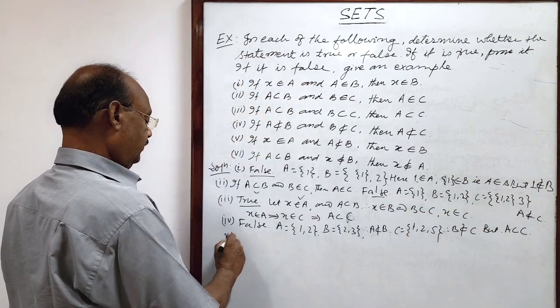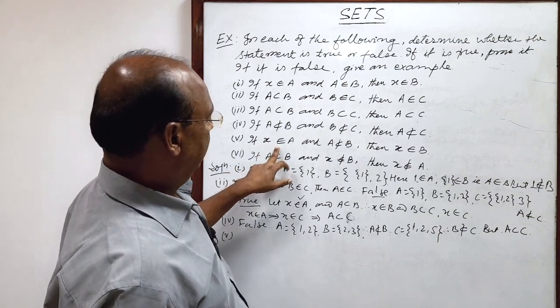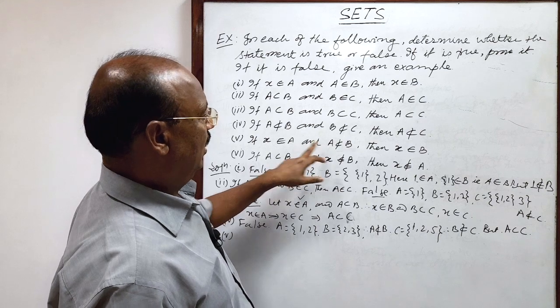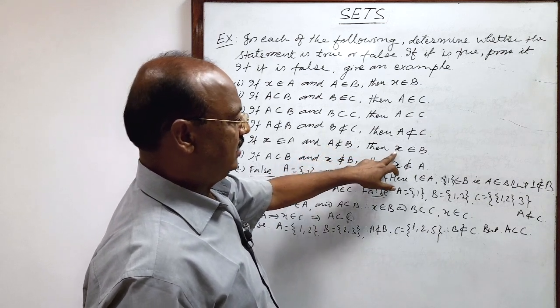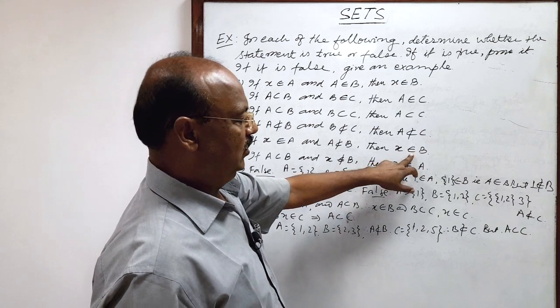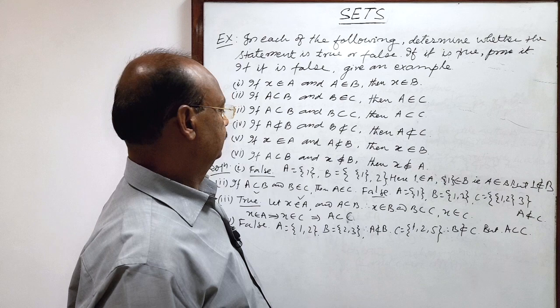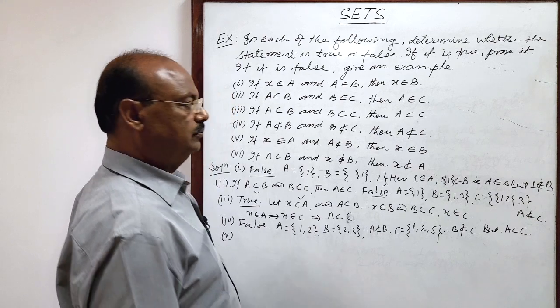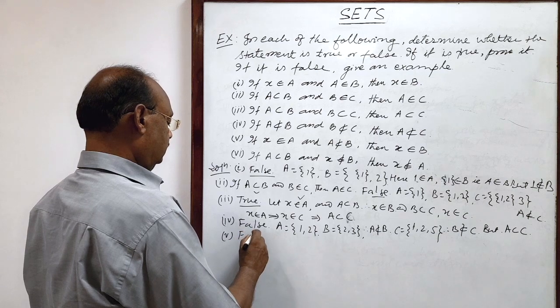Now next, fifth: if X belongs to A and A is not a subset of B, then X belongs to B. Correct? This statement is also false.